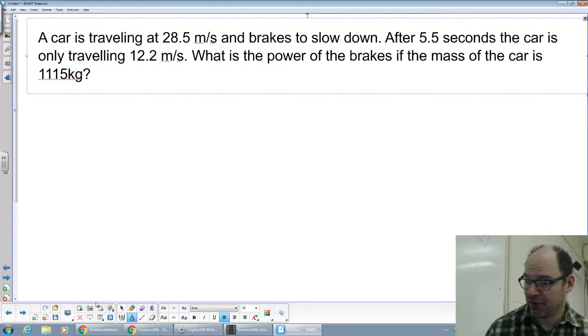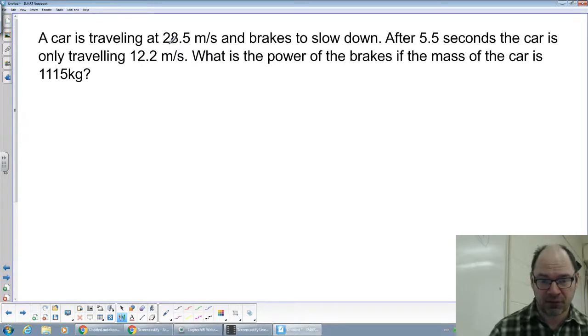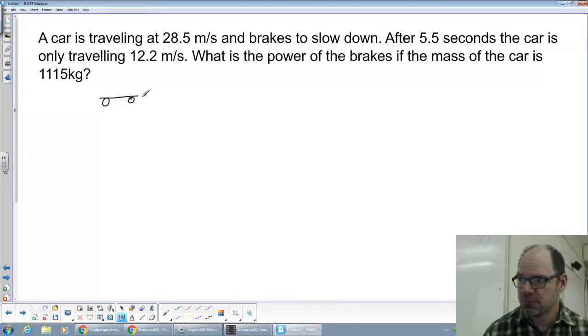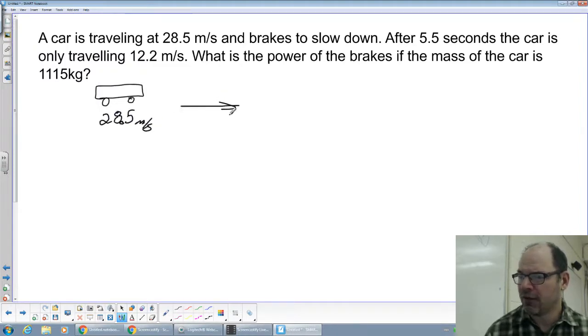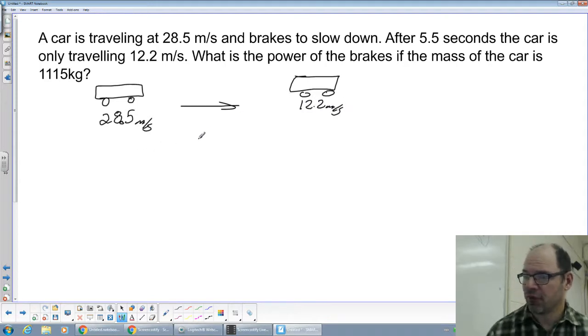So what we have here is this car slowing down. So we have it going 28.5 meters a second, and then it's going to go down to only 12.2 meters a second. So there's going to be a change in energy.